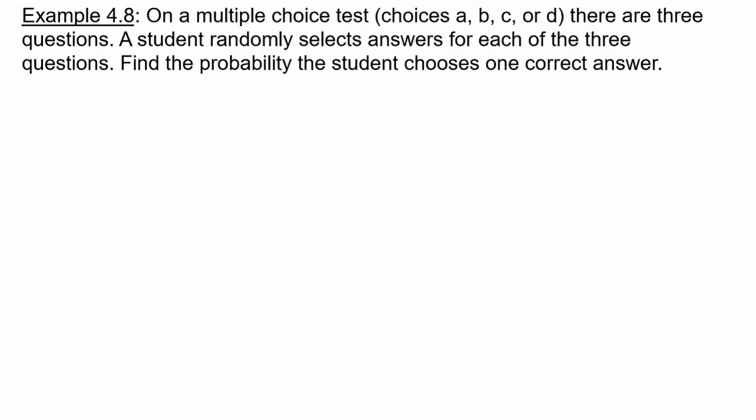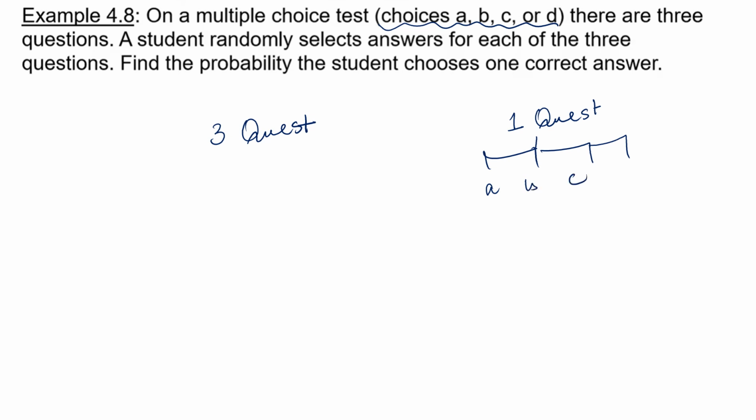So we will have 3 main questions and there are 4 choices. It means for each question, how many choices are there? There are 4 choices. Choice A, choice B, choice C, choice D.